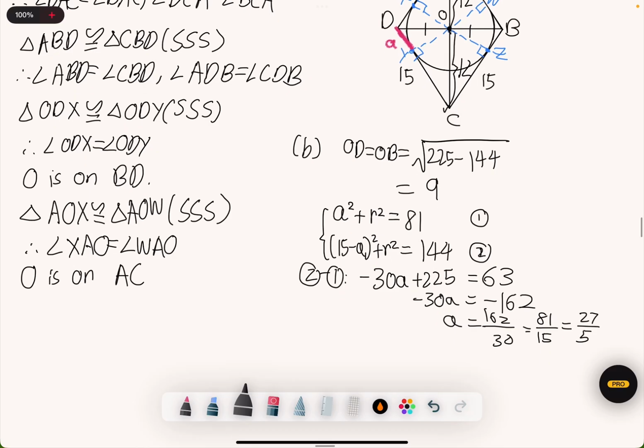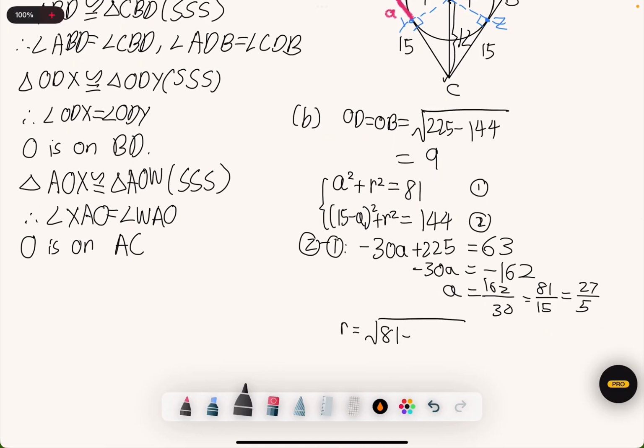So if A is 27 over 5 and OD is 9, then the radius squared is going to be 81 minus 27 over 5 squared. 27 times 27: 7 times 7 is 49, 2 times 7 is 14, plus 4 is 18. The other side is 54. We have 1 plus 5 is 6. 729.